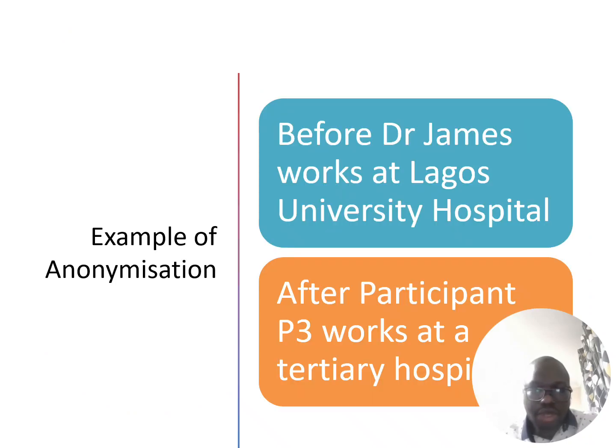I'll give you an example here. You can see before, Dr. James works at Lagos University Hospital, that has been replaced with, after, participant P3 works at a tertiary level hospital. You can even say in Lagos, but you see that generalizes the location.